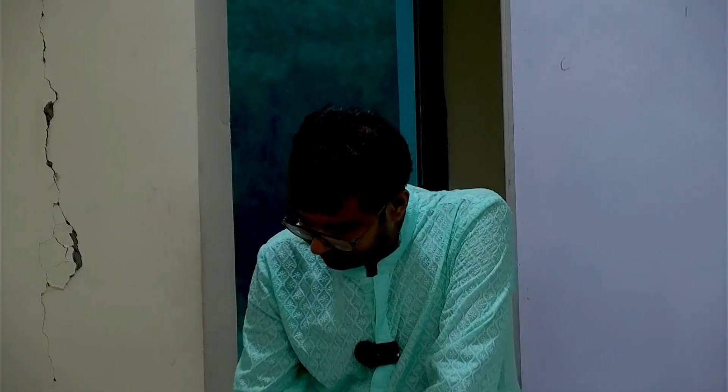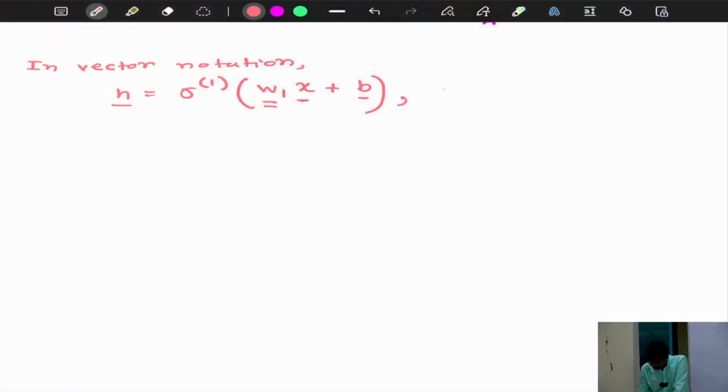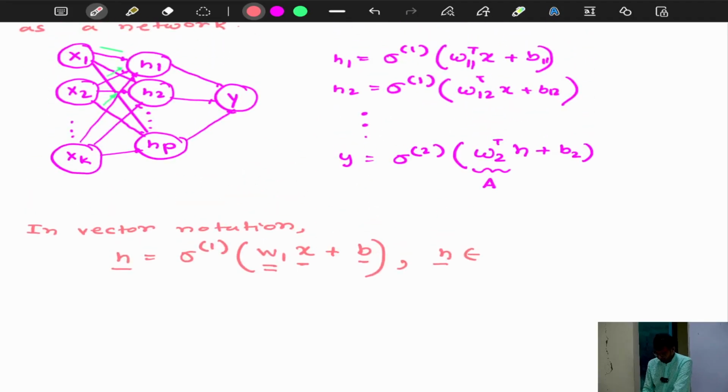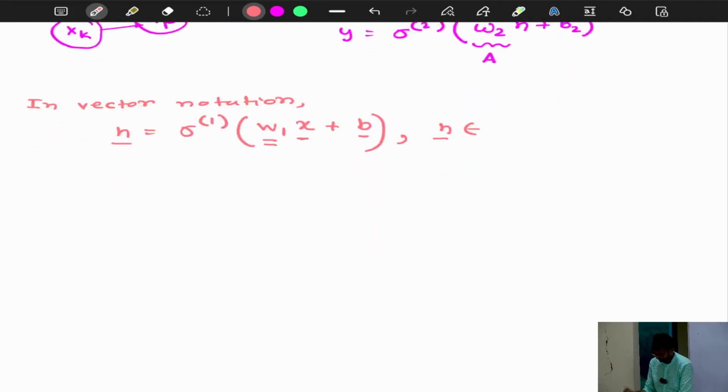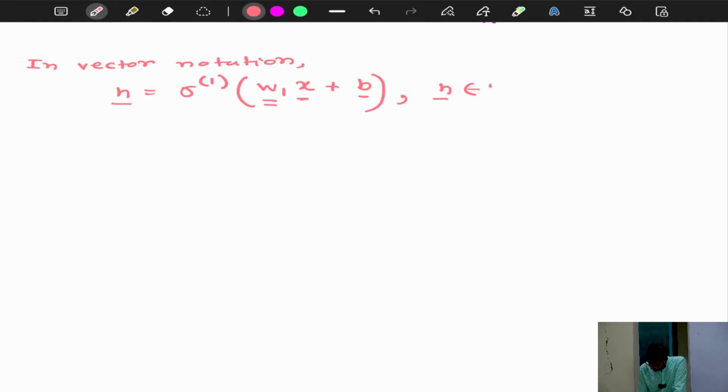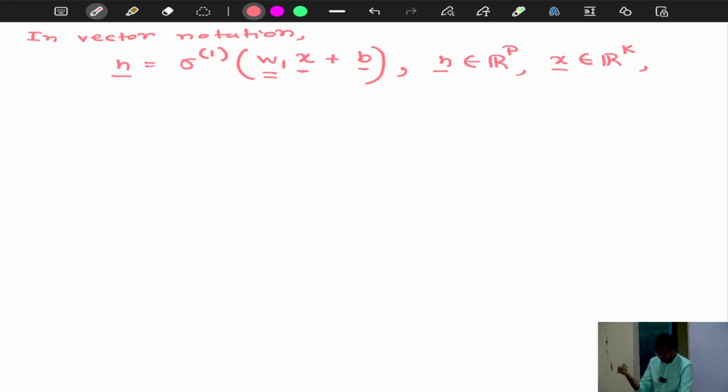Very quickly, what is the dimension of H? P, right? So R^P. What is the dimension of X? R^K. Okay. What is the dimension of W1?